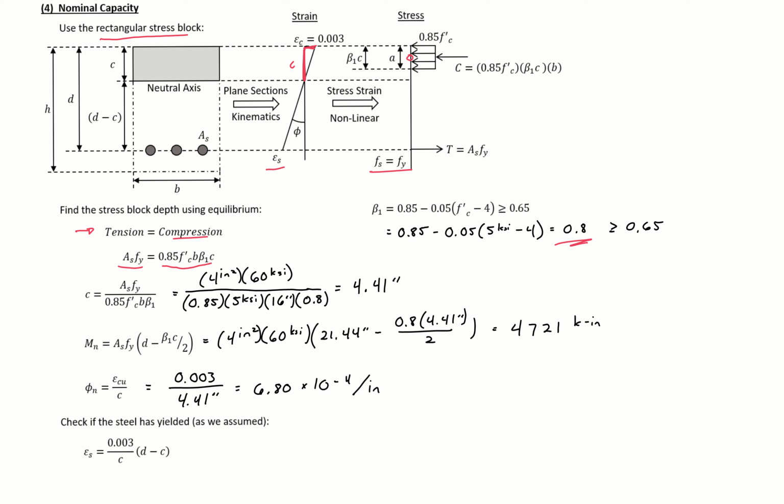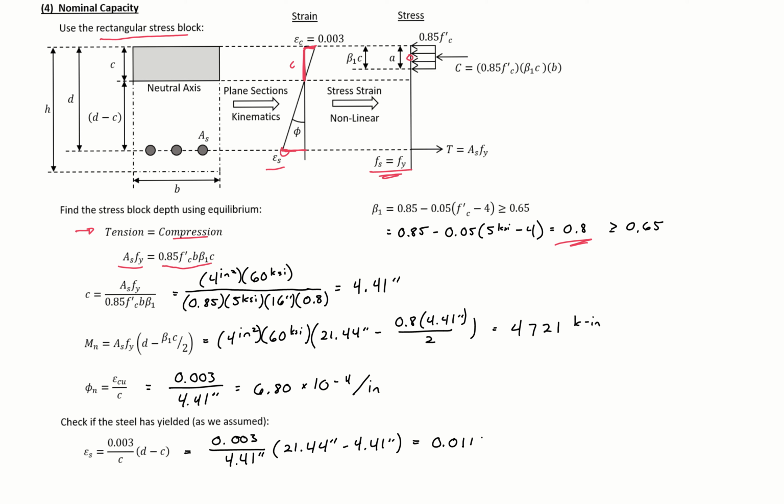And the last thing that we need to do is check the strain in our tension steel. So we assumed that it yielded, so we need to make sure that it yielded. So we'll have 0.003 divided by C, 4.41, times D, 21.44, minus 4.41, will give us a strain here of 0.0116.